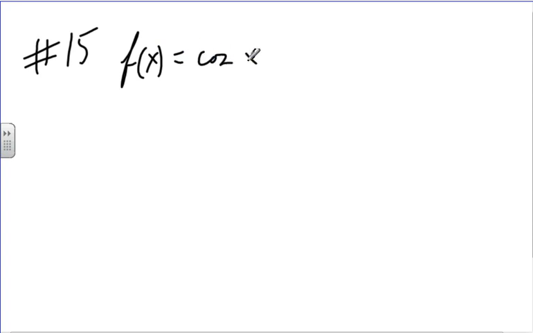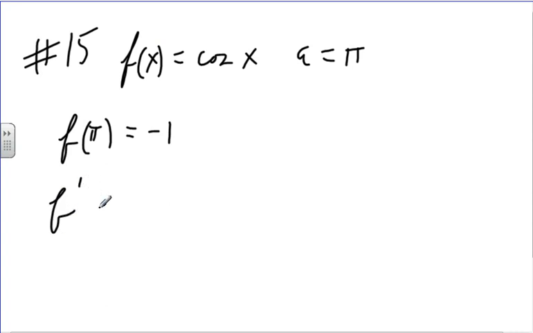Number 15. F of x is cosine, and a is equal to pi. All right, so f at pi is minus 1. F prime x is minus sine.